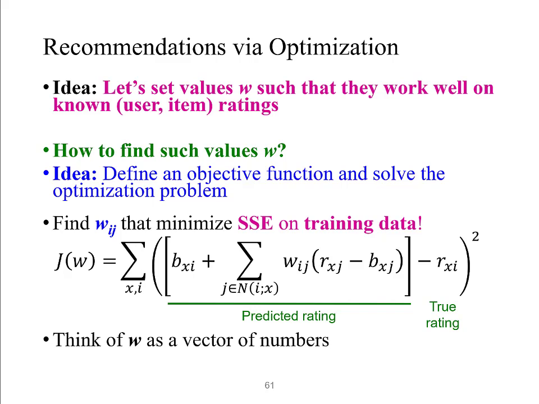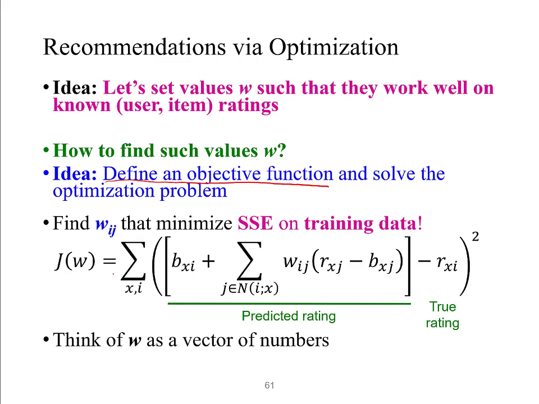In order to do that, just like all machine learning tasks, we need to define an objective function and solve the optimization problem, in order to find the W that makes the objective function achieve its minimum value. So we need to find Wij that minimizes SSE on training data. So this is the objective function.